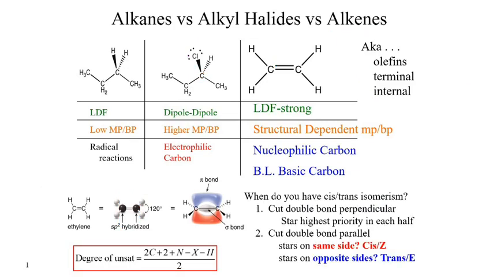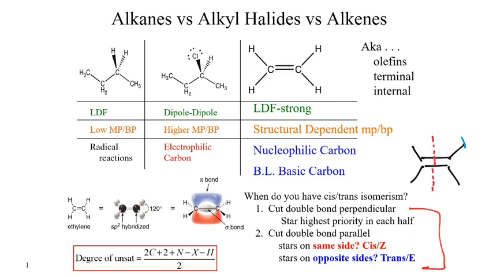After that, something we're going to have to worry about is our cis-trans isomerism. We've got the same basic rules reviewed here for our nomenclature and deciding if we have cis and trans. So we'll quickly draw out an alkene to reference this rule. Cut the bond perpendicular.